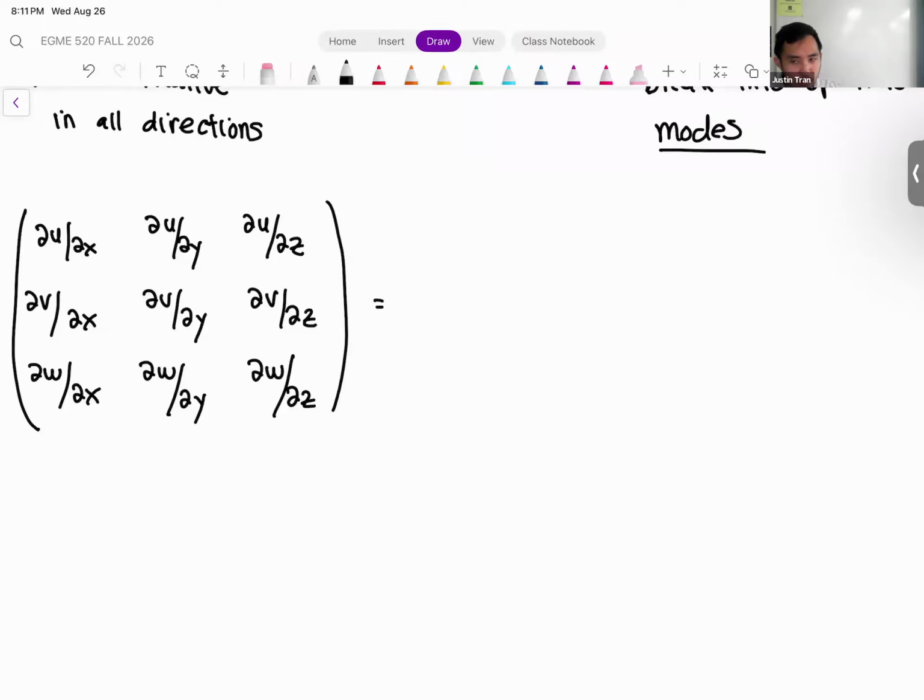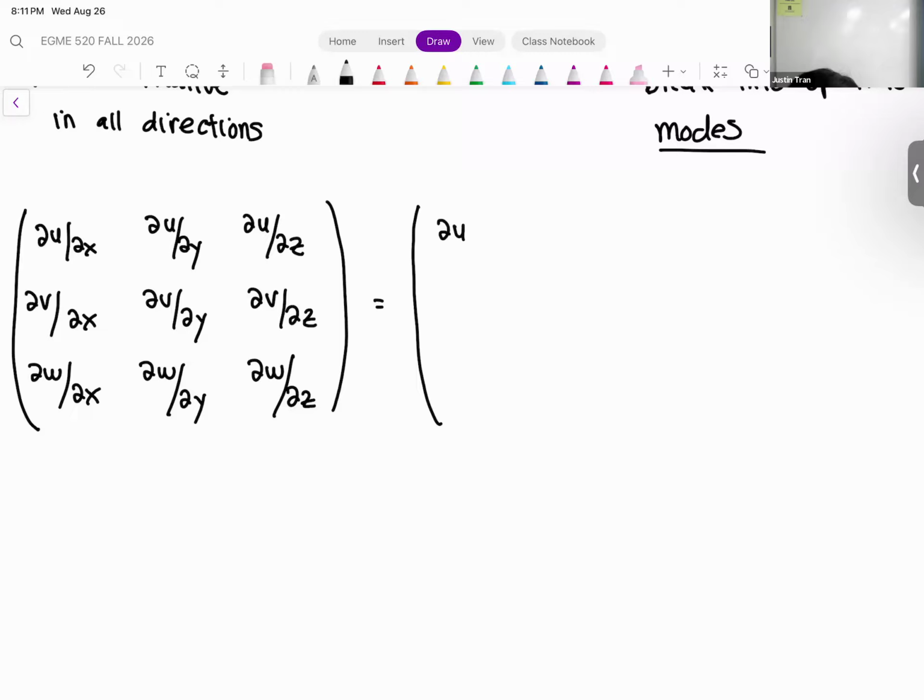So what I'm going to do is break this up into three different matrices and add them together, where each of the three matrices represents each mode of deformation that we had above. Okay. So let's start with elongation and compression. This one's the simplest one, thankfully, because it's just a diagonal matrix that contains just the diagonal entries.